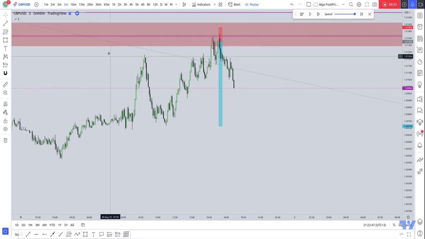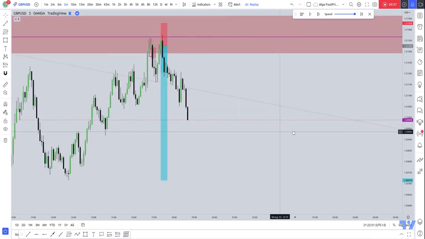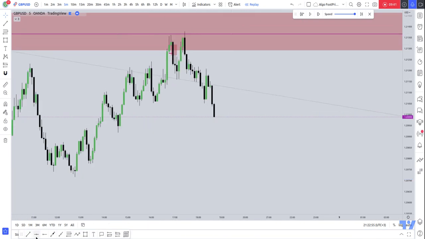And now right here, let me show you something. Right here, there is a second entry. Okay, let me remove this. We have another break of structure right here, and price returns to it. So if you had missed this entry right here, you could enter on the second entry that price has provided, as price came back to touch this order block.